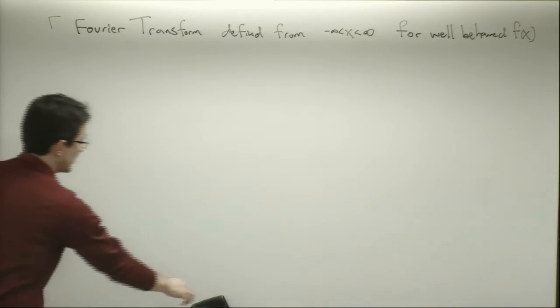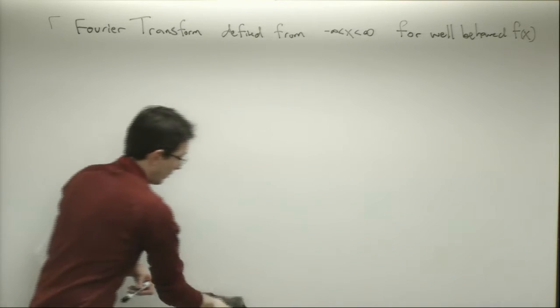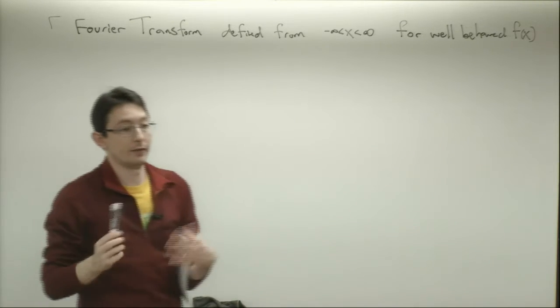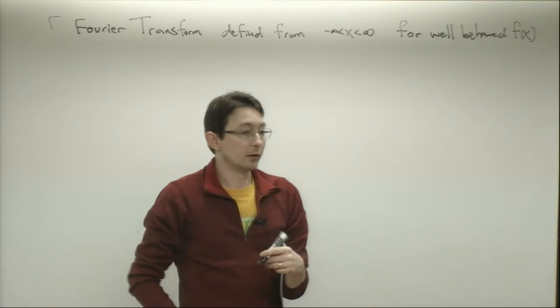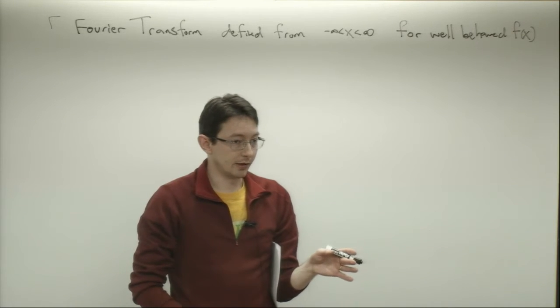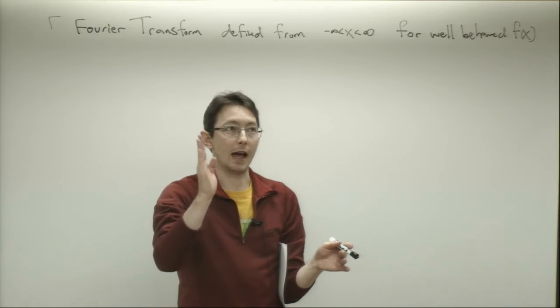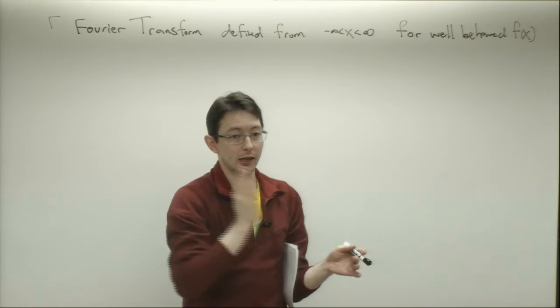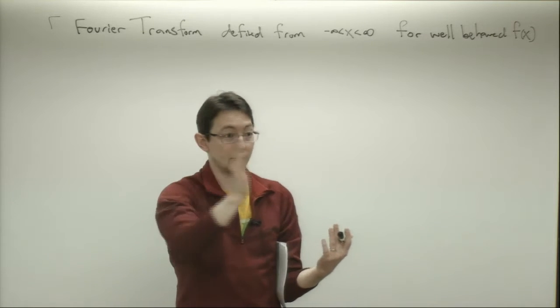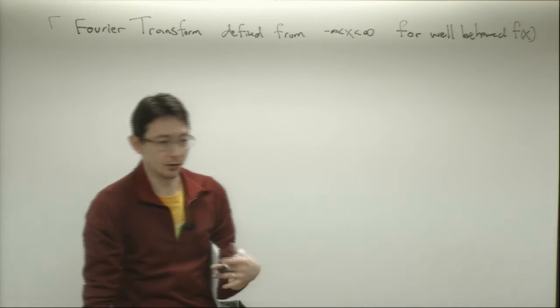What other types of functions are well behaved? What are the other properties of f that make it so I can do a Fourier transform? It doesn't have to be smooth, doesn't have to be continuous, but it can only have countably many discontinuities, meaning I should be able to count the number of discontinuities. They should be ordered in some way.